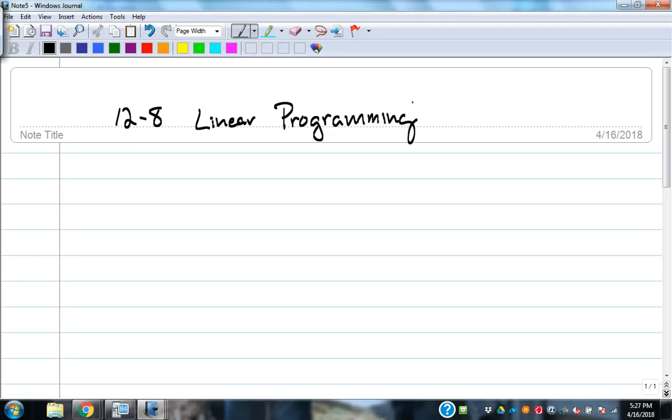So linear programming. I'm actually not going to give you the word problem and say find all of the restrictions and constraints and all that stuff. I'm going to give you the graph of the constraints already done. So you would get a graph that looks something like this.